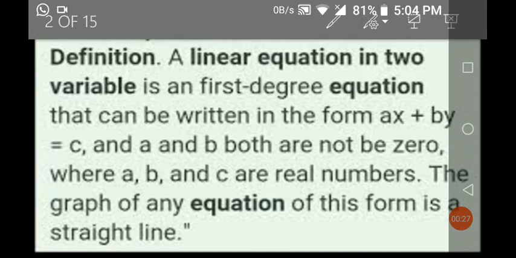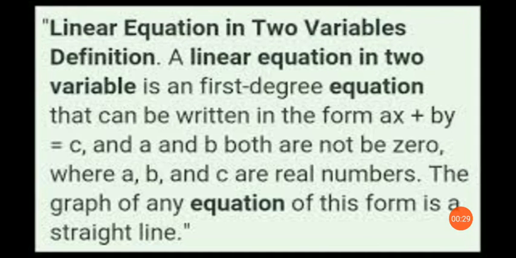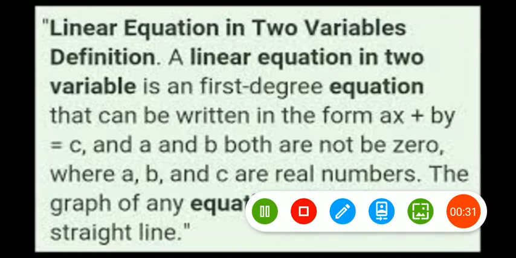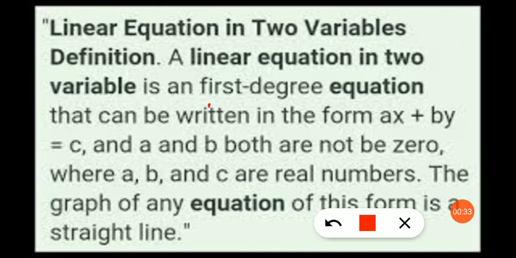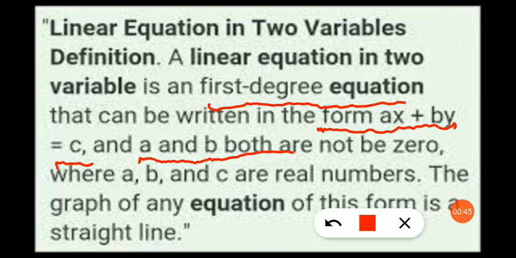A linear equation in two variables is defined as a first degree equation. It can be written in the form of ax plus by is equal to c, where a and b both are not equal to 0.